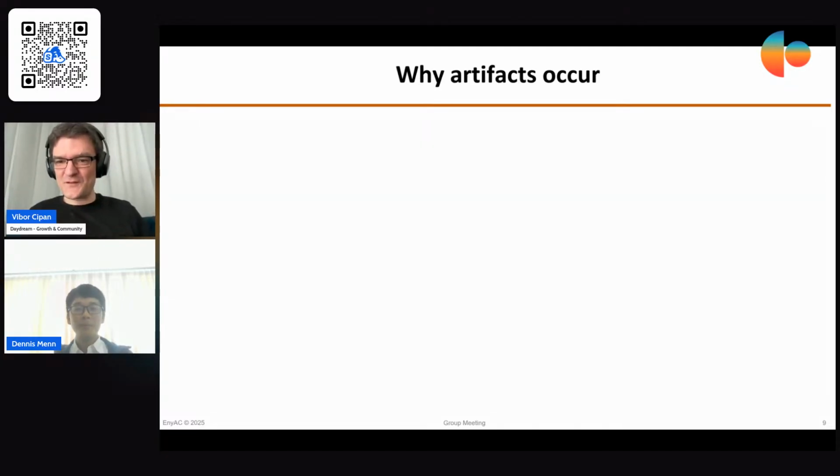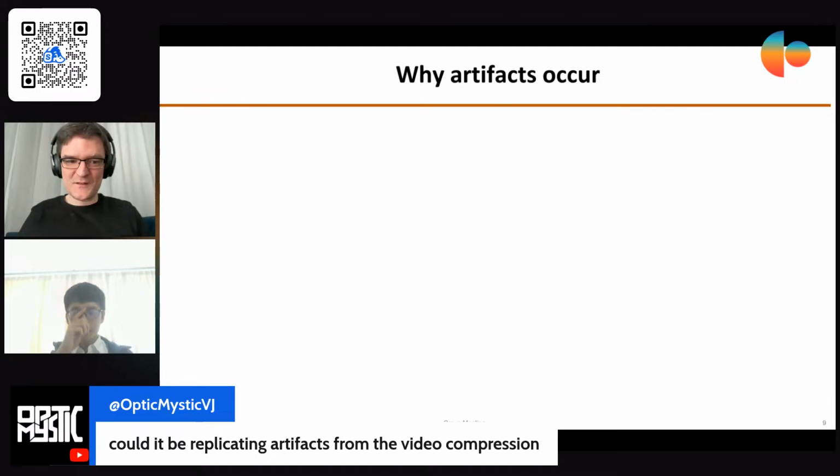Also, Optic Mystic says, could it be replicating artifacts from the video compression itself? Could that also be one of the reasons why these artifacts occur? That's a very great question. When I presented in our lab group, some of my lab mates also asked whether this is a potential reason.